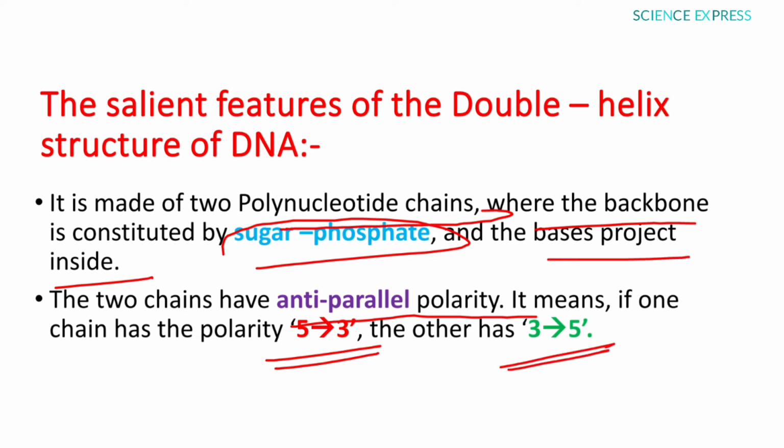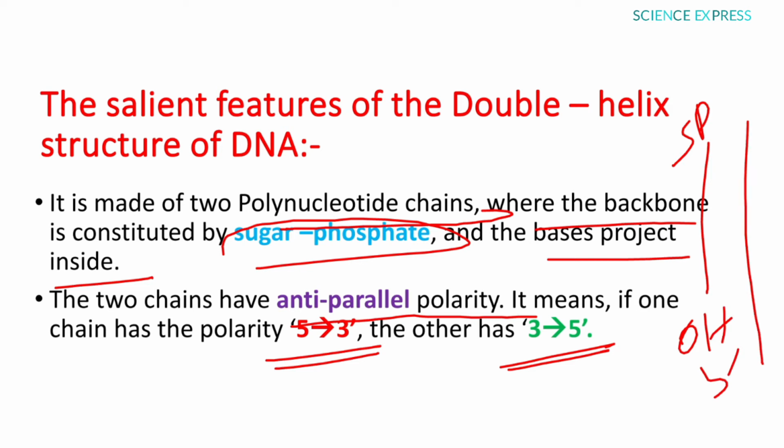So both chains are arranged in an anti-parallel fashion. In one chain the 5' phosphate is free and at the other end the hydroxyl group, the 3' end, is free, and in the opposite chain the 3' hydroxyl end is free and the 5' phosphate is free. So they are arranged in an anti-parallel manner.